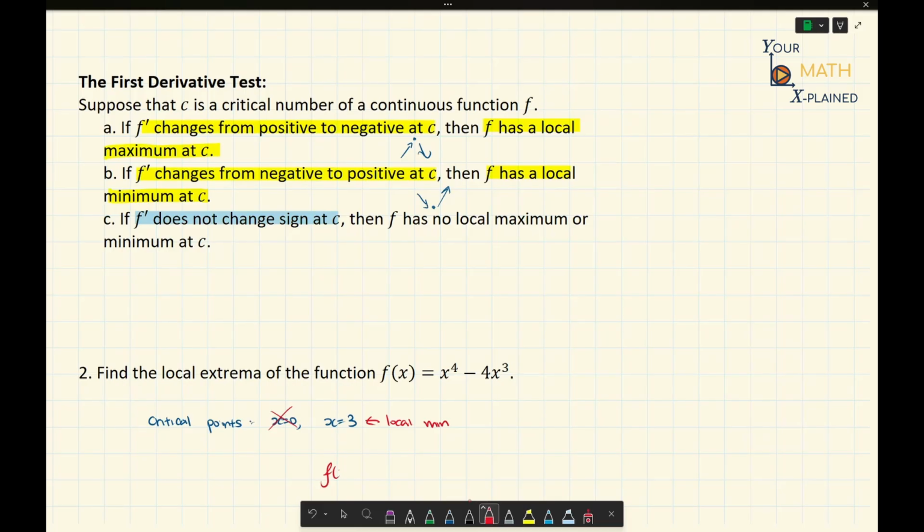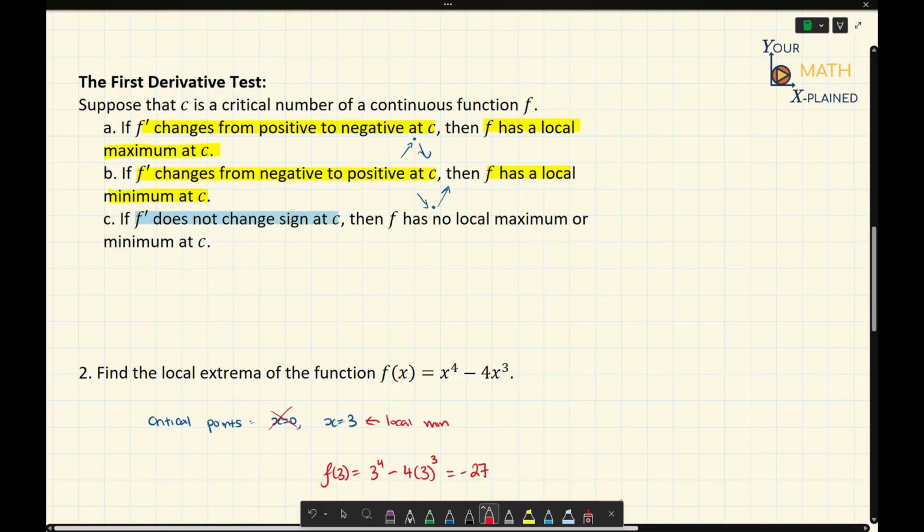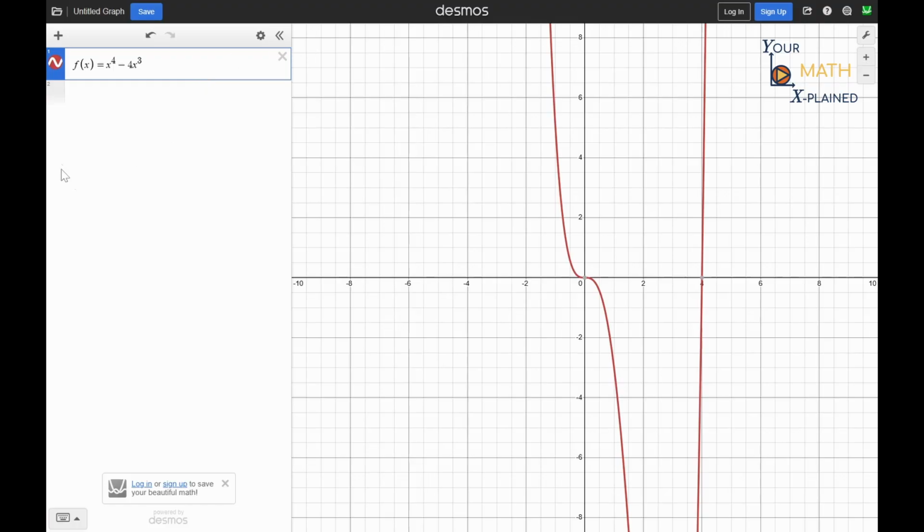So we get f of 3 is equal to 3 to the power of 4 minus 4 times 3 to the power of 3, and this is equal to negative 27. So here we would say a local minimum happens at x is equal to 3 with a value of negative 27.